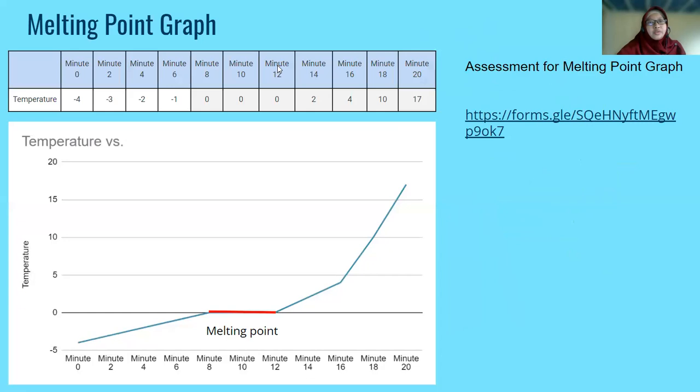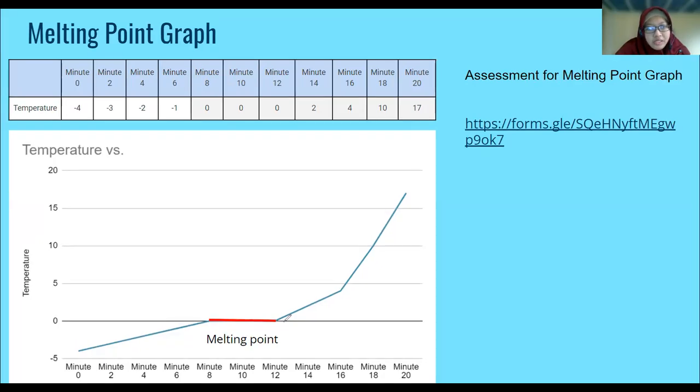So this is the result I take from, I think, 5 Oxford or 5 Cambridge. This is the graph of the table. This is the data that we have collected, and when we interpret the table into a graph, it will be like this.